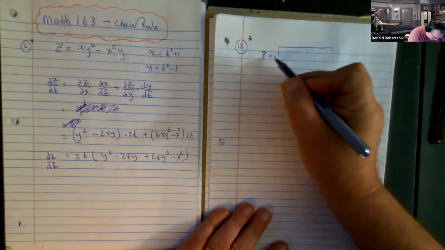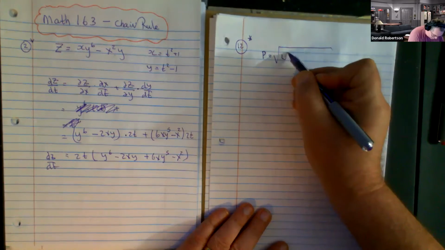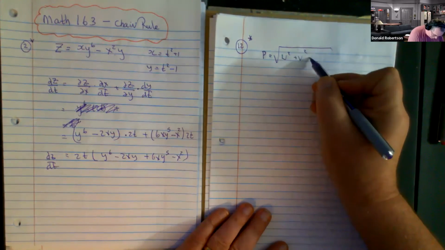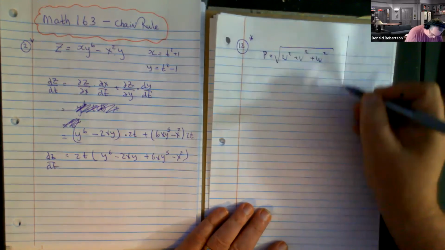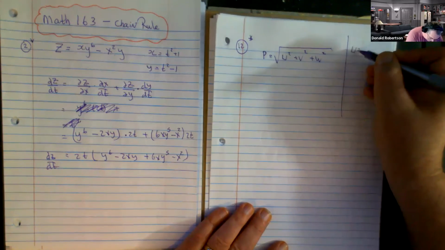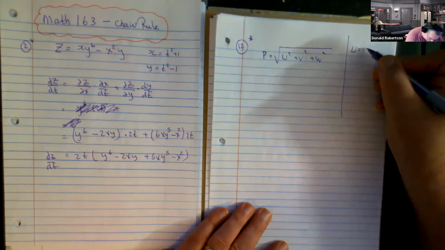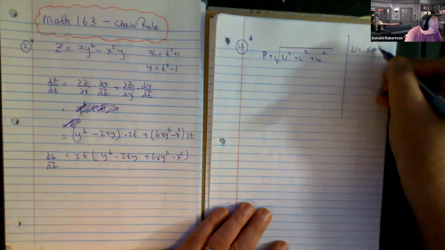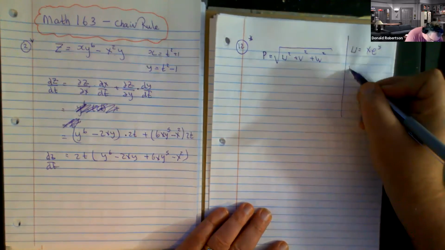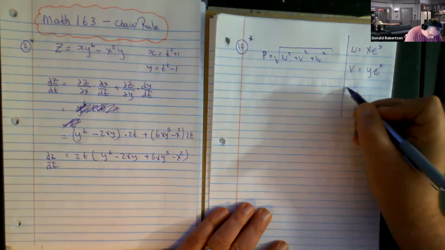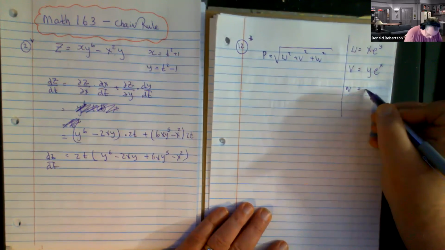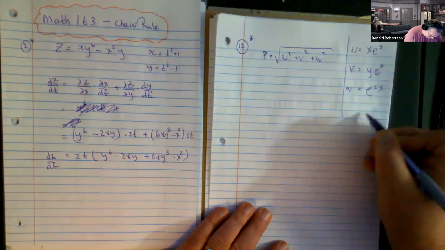The function p is u squared plus v squared plus w squared. And u is x e to the y, and v is y e to the x, and w is e to the xy.